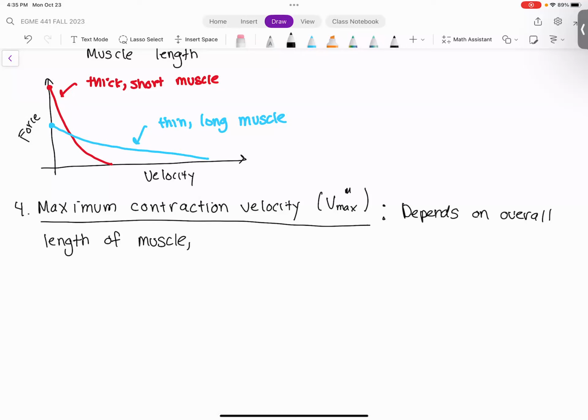But this characteristic also depends on whether your muscle is a fast twitch muscle or a slow twitch muscle.